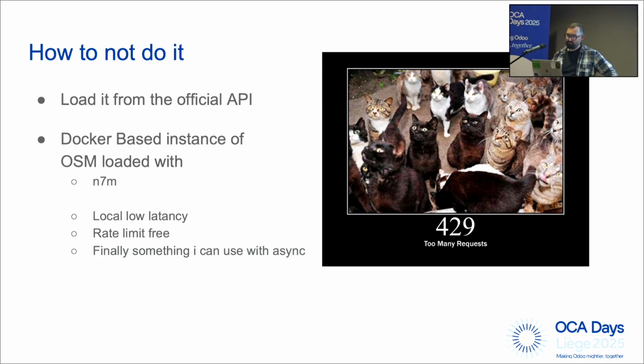But as it's an open source project, you can more or less create your own OpenStreetMap instance, which looks basically completely identical to the pages I showed you before. And there are some people who are way smarter than me who put that in a Docker Compose file. And then you can do the same requests. There's only a very small difference in the URL, and you do the same request against your own OpenStreetMaps.